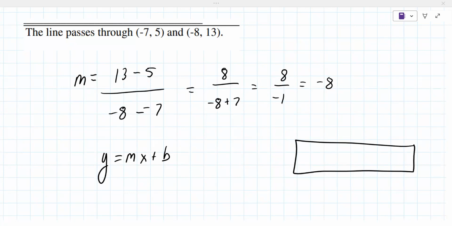Okay, so let's see. I'm wondering which one of those would be easier.